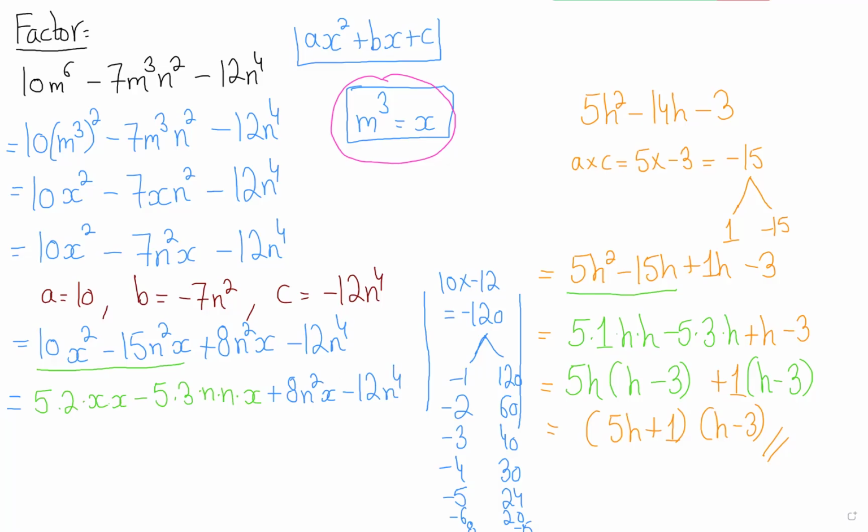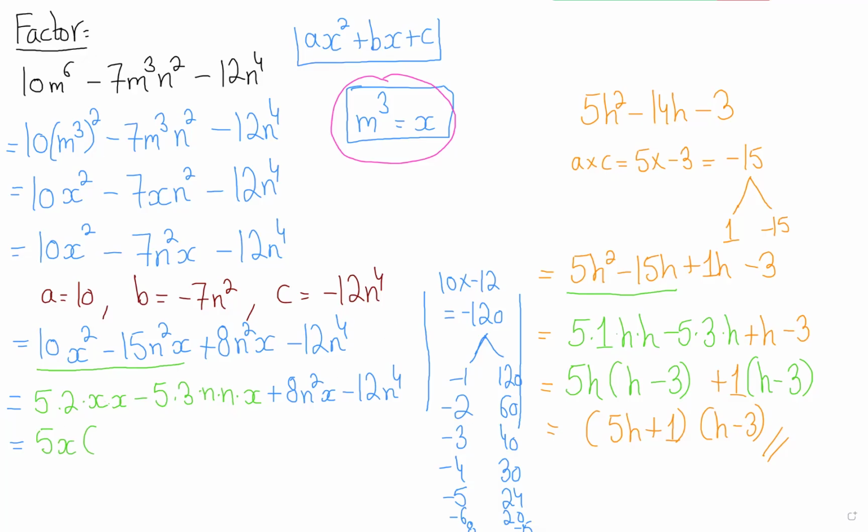Okay, now let's start grouping these terms together. What's common between the first two terms? What's common is I have 5 here, and I have 5 here. So 5 is common. Then I have x here, and I also have x here. So 5x goes outside the bracket, and everything else goes inside the bracket. What's left here?